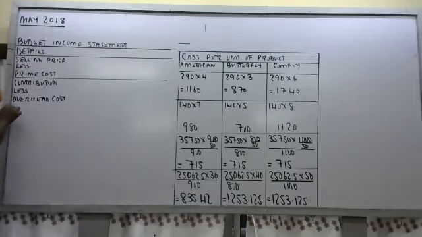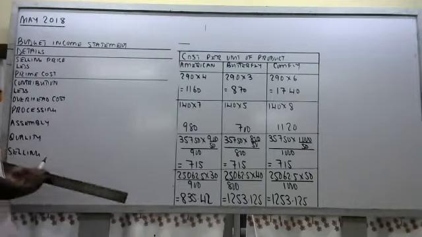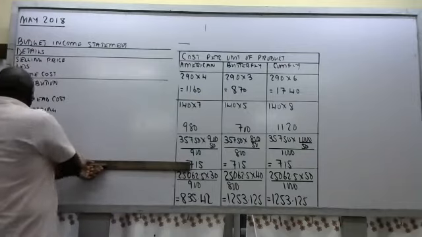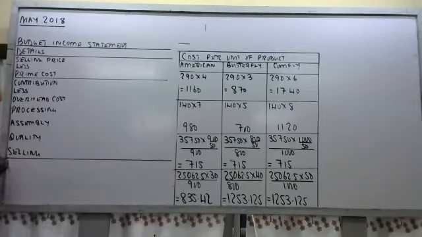The first one is called processing. The other one we have called assembly. The next one is quality. The next one is selling. So you can see this breaks them down. And when you do that, you get unit profit or profit per unit.